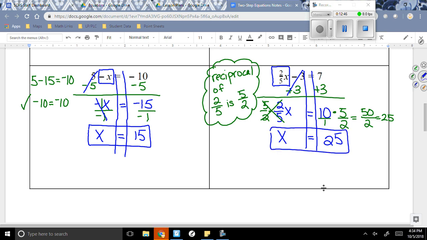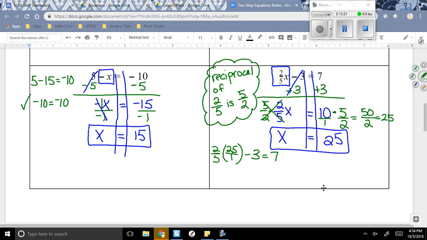Let's check it with some substitution. So just at the bottom of that box where we have a little bit of space left, I'm going to rewrite my equation. So I'm going to put 2/5 and then in parentheses that 25, because remember, if they're squished together, I need to have the parentheses. Minus 3 equals 7. So the first thing that I would need to do is multiply that 2/5 by 25. Well, in order to do that, I need to put the 25 over 1.